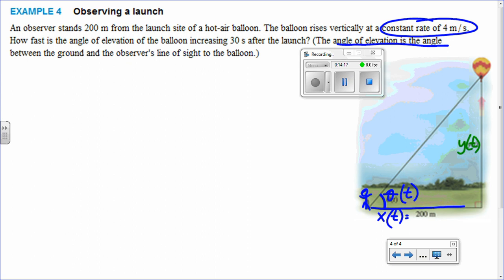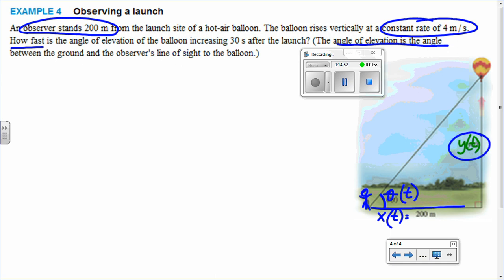And we're talking about, well, let's see, how fast is the angle of elevation of the balloon increasing 30 seconds after the launch? So let's see, we also know that the observer is 200 meters from the launch site. And so what trigonometric ratio can we use that will include something that is coming from here?